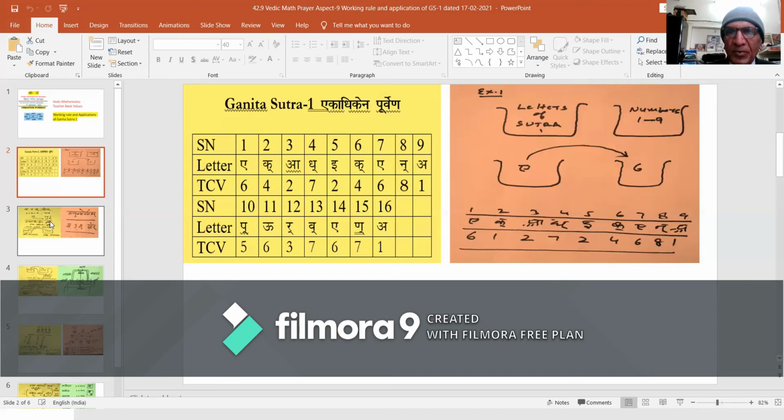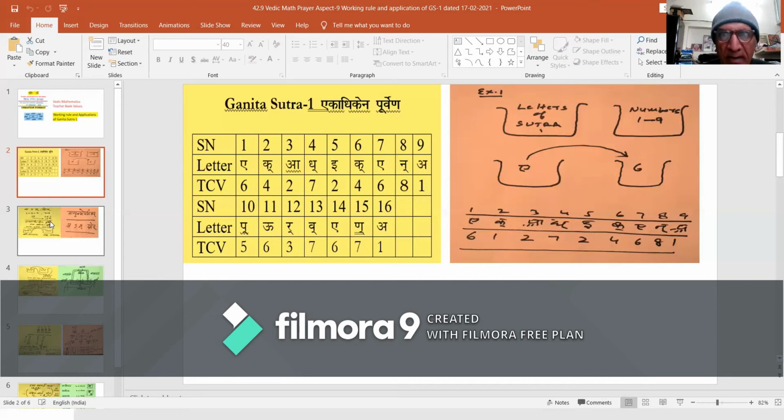Here on the computer screen are two beakers. First beaker is having letters of Sutra-1. Second beaker is having numbers 1 to 9. Now, as per the working rule of Ganita Sutra 1, one step more than the previous step, or initiation to have a sequential correspondence.